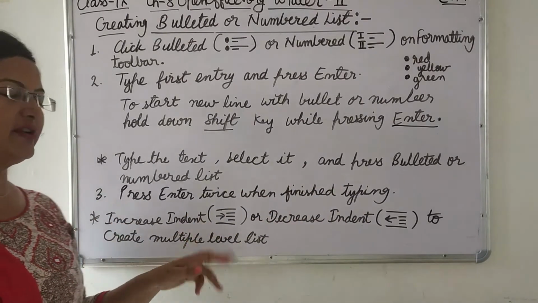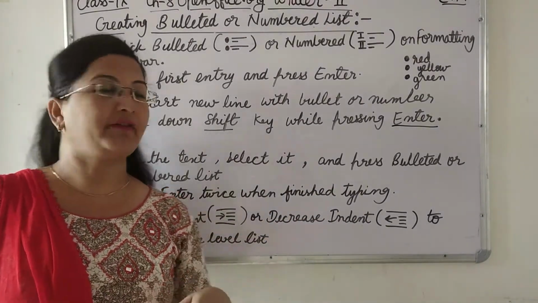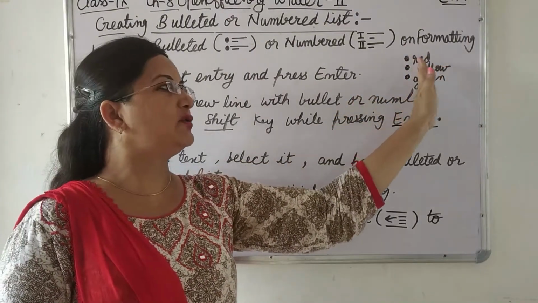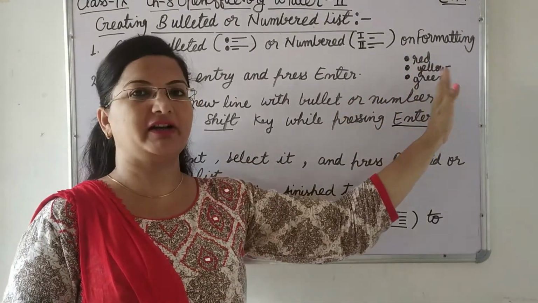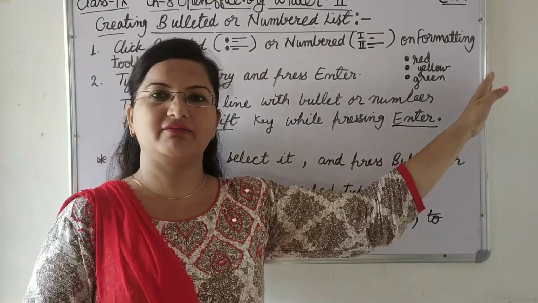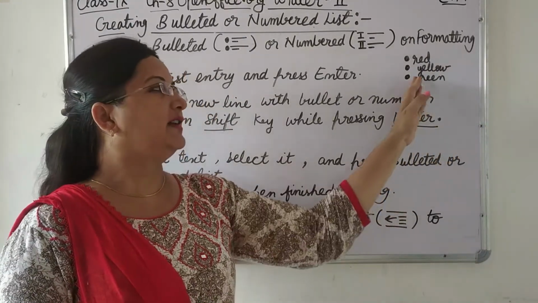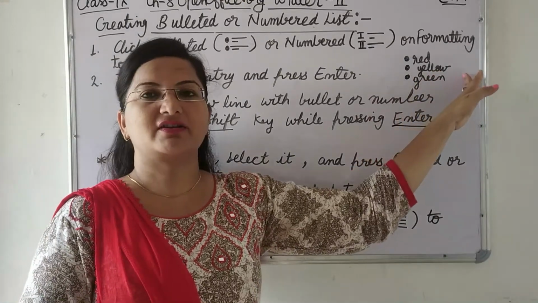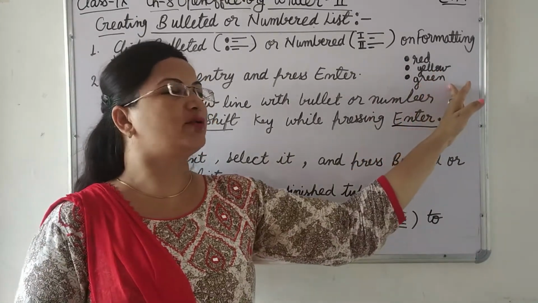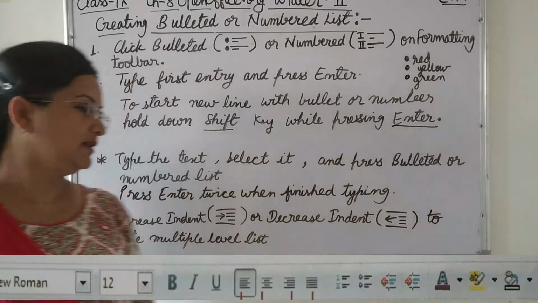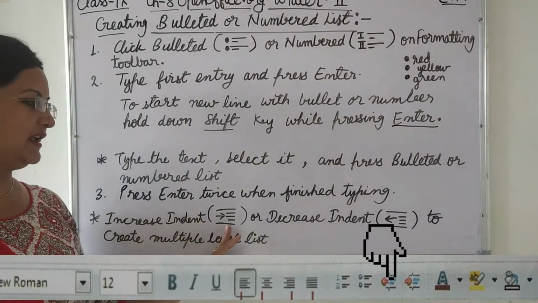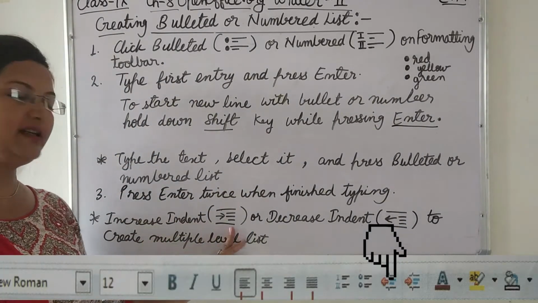If you want different labels, different labels means below red there will be a different label, and there we can write fruit names which are red in color. Then yellow, then fruit names which are yellow in color. Then green fruit names, that will be a different label. If you want a different label list, you can increase the indent like this.